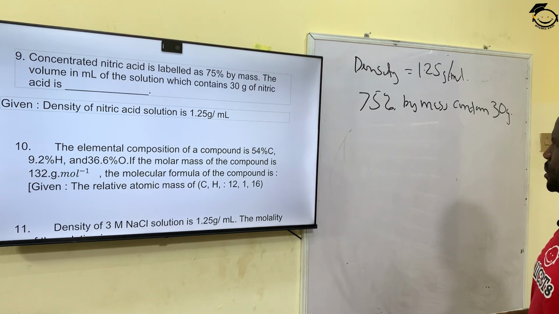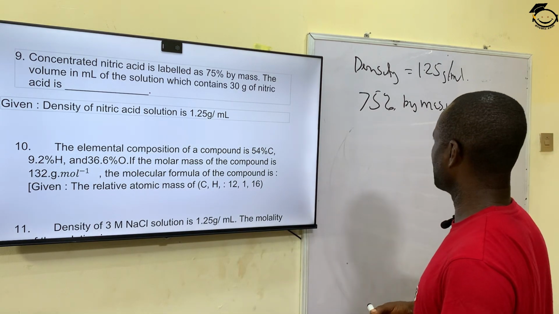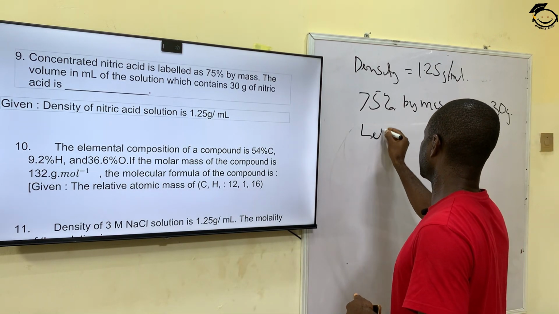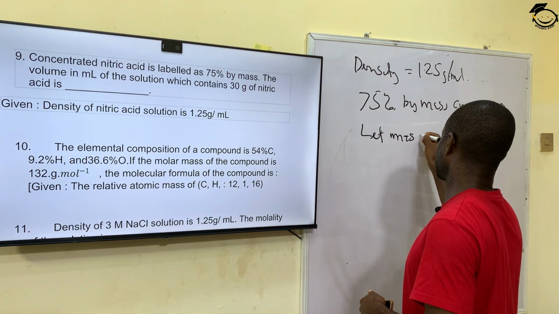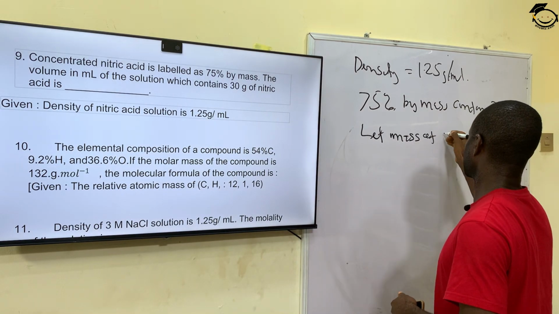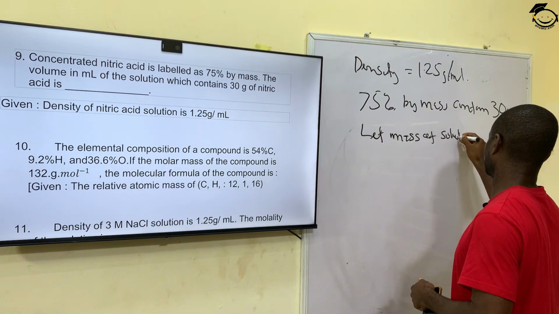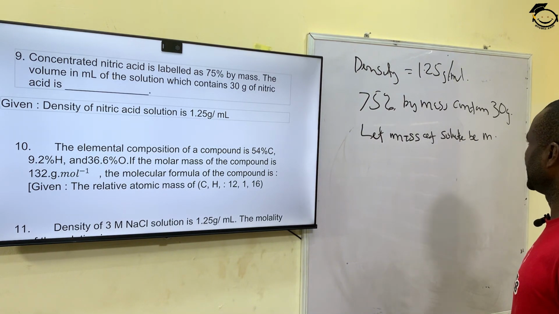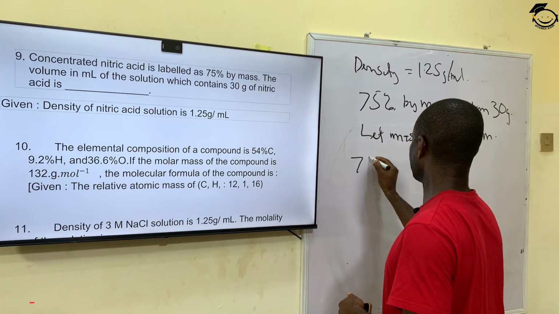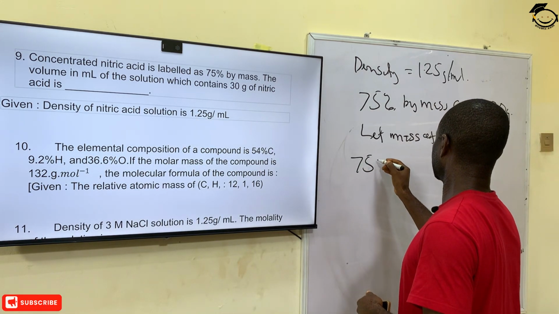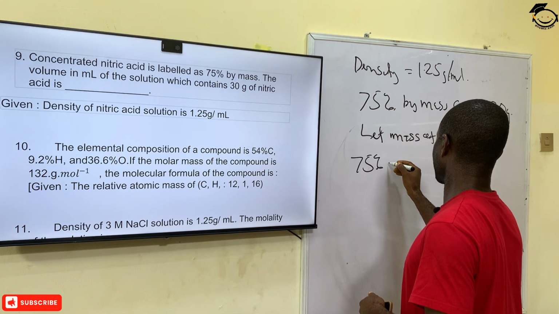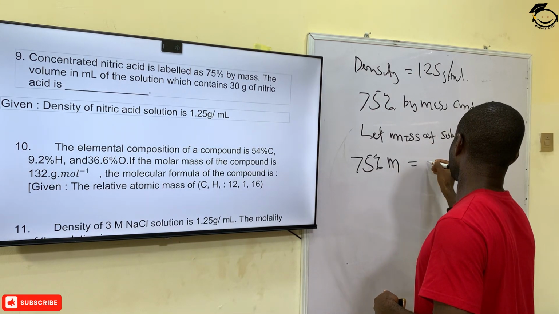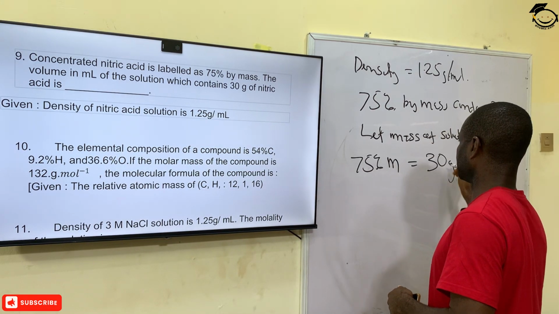nitric acid. So in this case, this can be interpreted as, let the mass of substance or solute be M. In that case, we have 75% of M equals 30 grams.